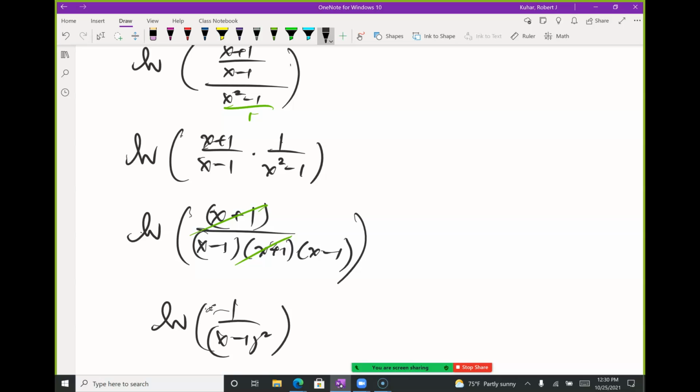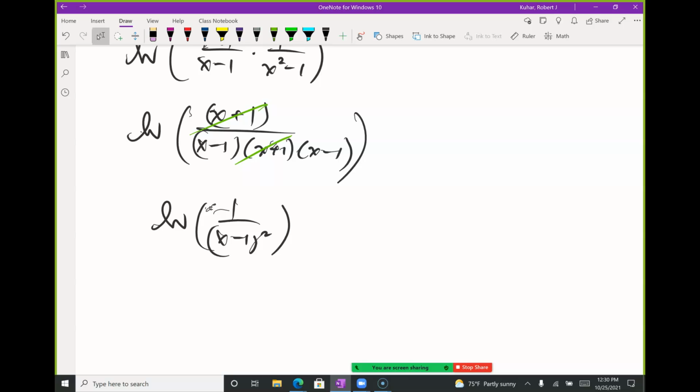It's almost exactly what I want, and it certainly would be 9 out of 10 if you did it. But we want the ln of a linear inside. So I can see that I can change this x minus 1 to the minus 2, right? That just simply means reciprocal.